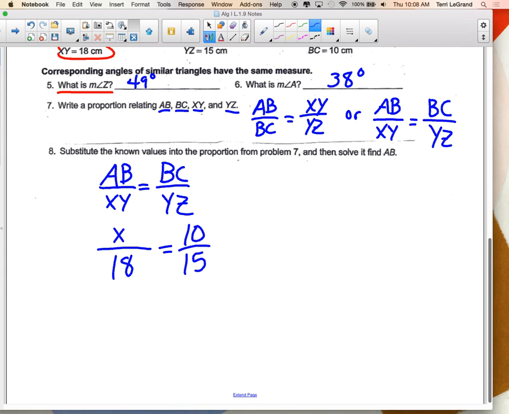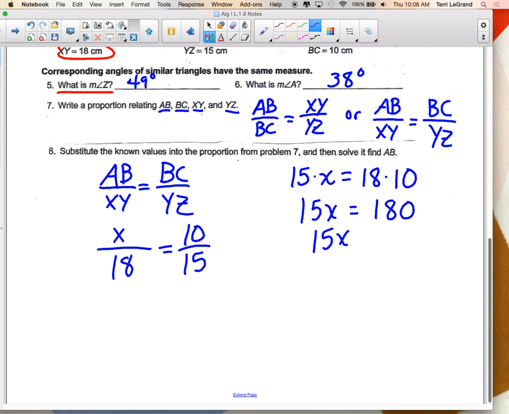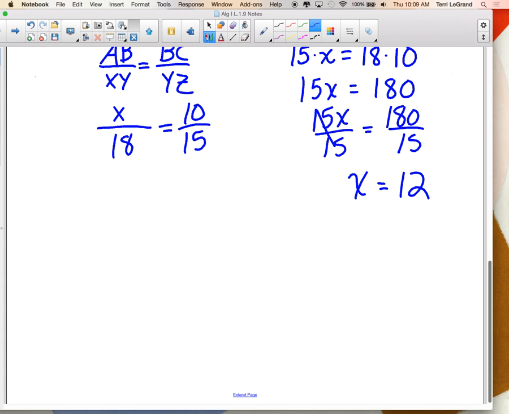Let's do cross products. Do we all get 12? Yeah. Okay, and those are 12 centimeters.